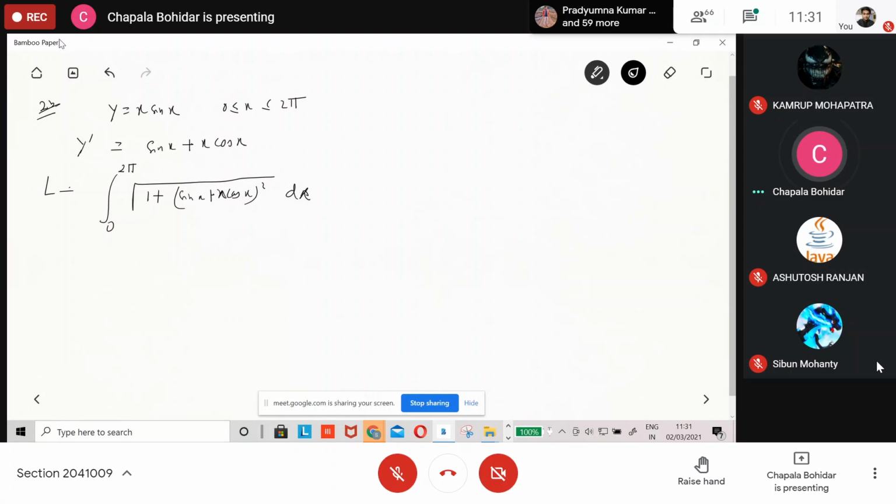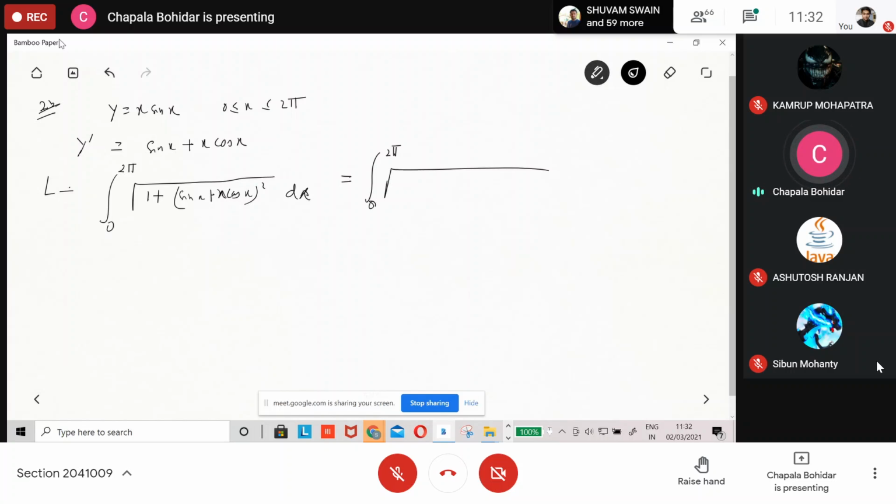I can write it like this, by using the Simpson rule, considering n equal to 10. So now it is the integral from 0 to 2 pi.